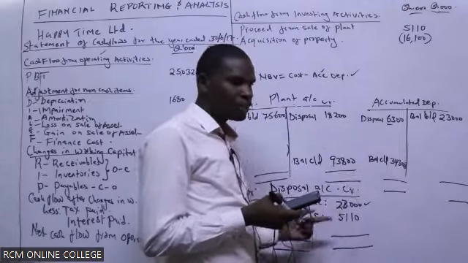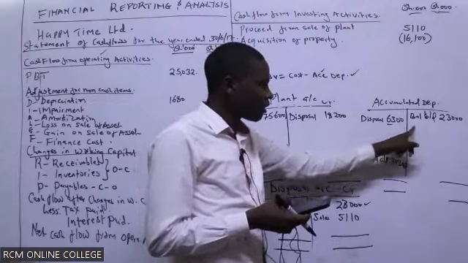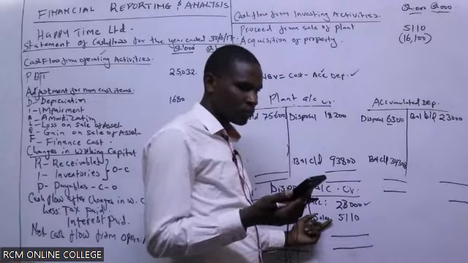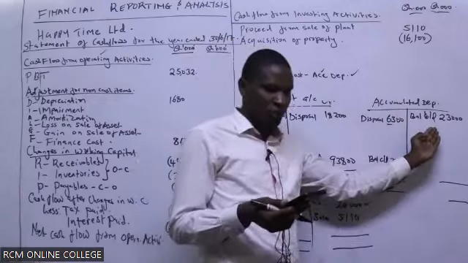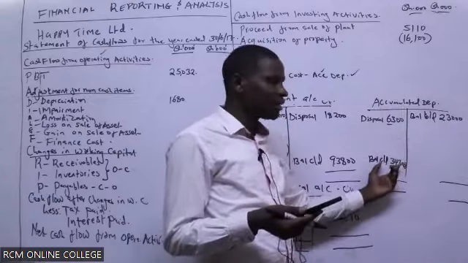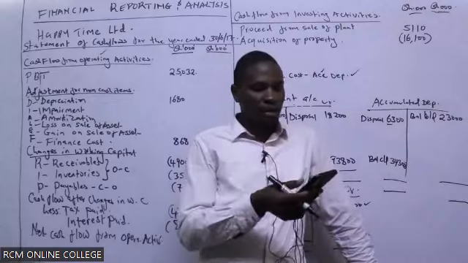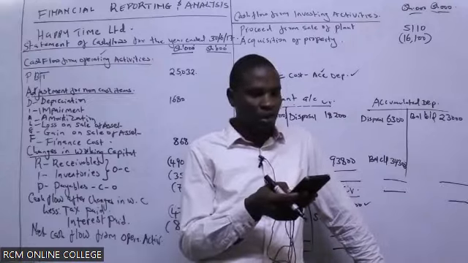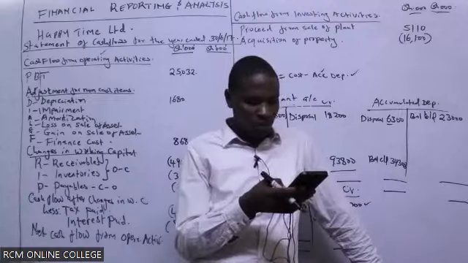They link to each other. Therefore, that's why we are bringing the balance that was brought down from our accumulated depreciation account. Remember, this was for the previous period. Brought down, and then the carry down remains in its place.